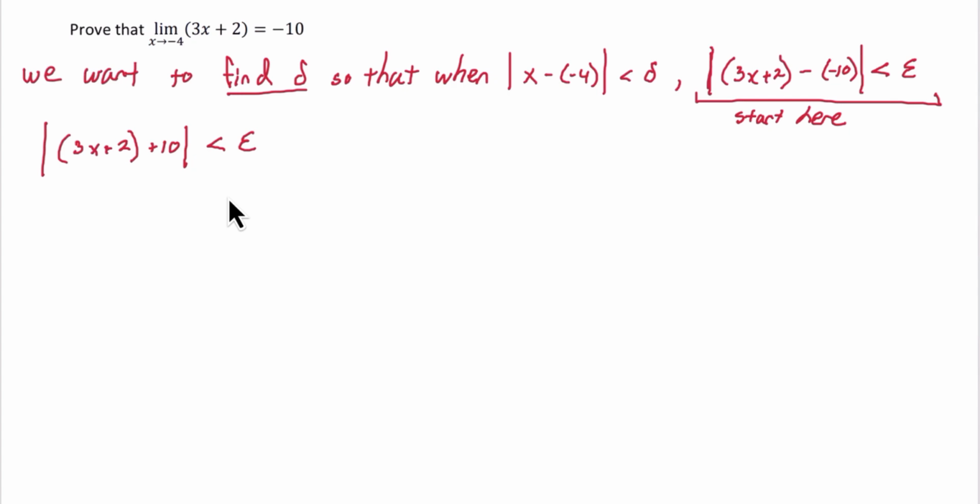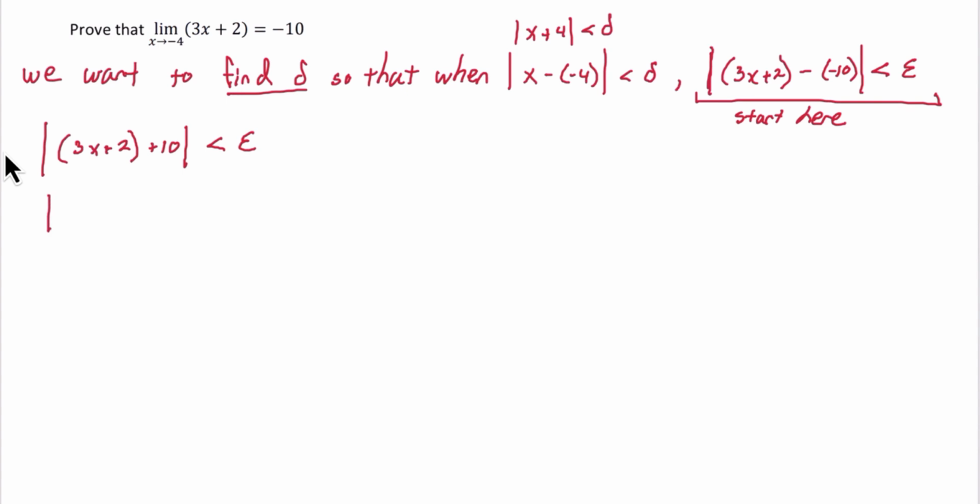So we're going to clean this up and simplify this expression on the left, and our goal is to make it look like what we have here, which is essentially absolute value of x plus 4 is less than delta. We really want the inside of the absolute value bars to be x plus 4. Let's see if we can make that happen.